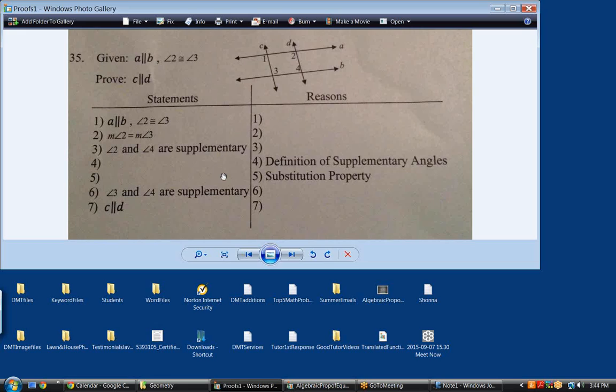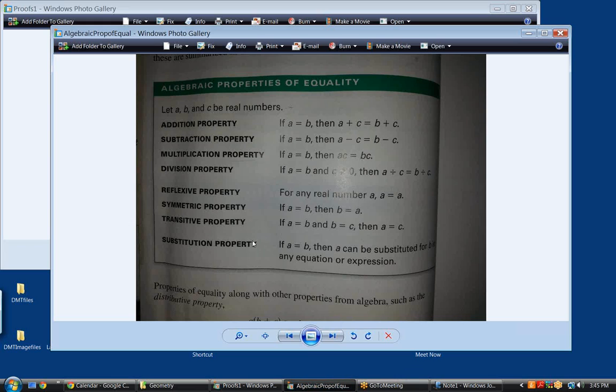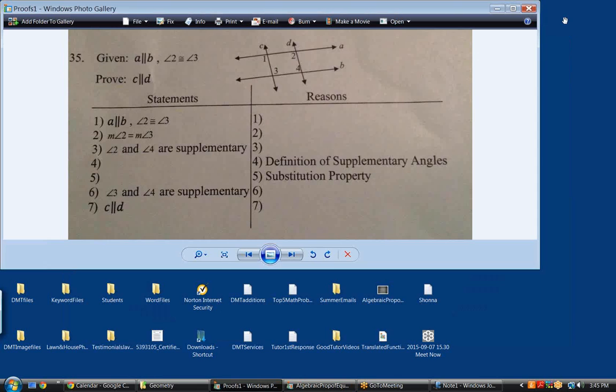Okay. Now, what goes in number 5? If we're using the substitution property, and let me bring it up, this is the substitution property. If that's going to be the reason for the statement: if A equals B, then A can be substituted for B in any equation or expression.